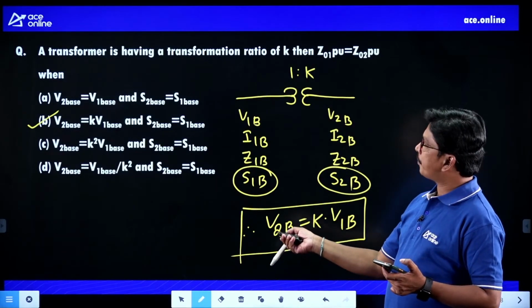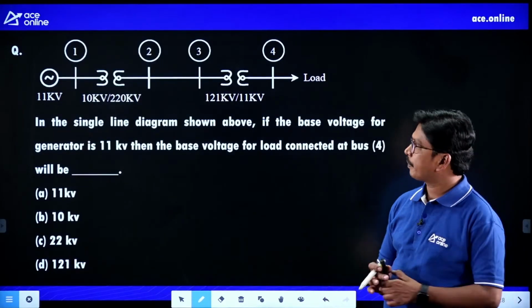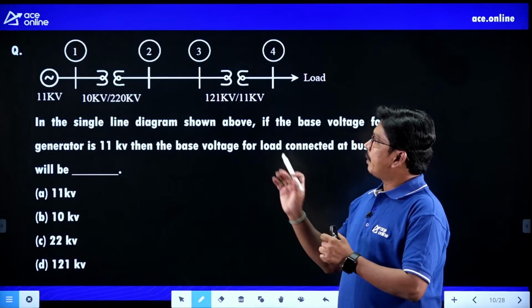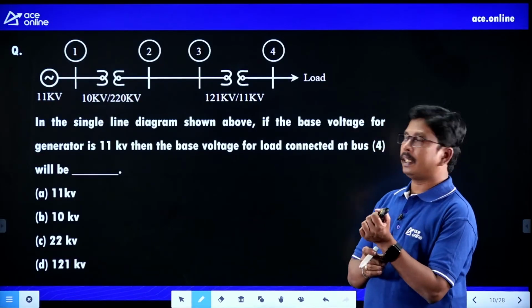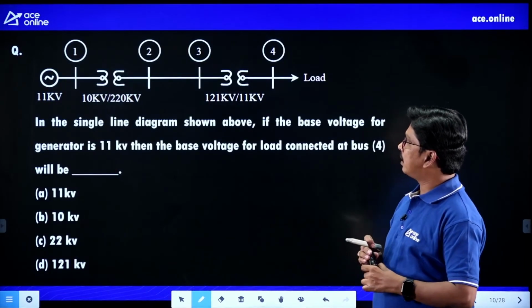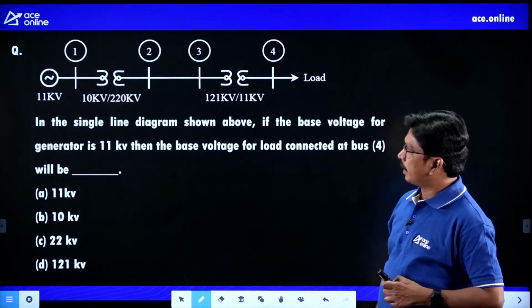This is the next question. Try to solve this question, students. We have an 11 kV generator and a transformer rated 10 kV by 220 kV, and in between we have a transmission line, and one more transformer, 121 kV by 11 kV, and the load is connected here.